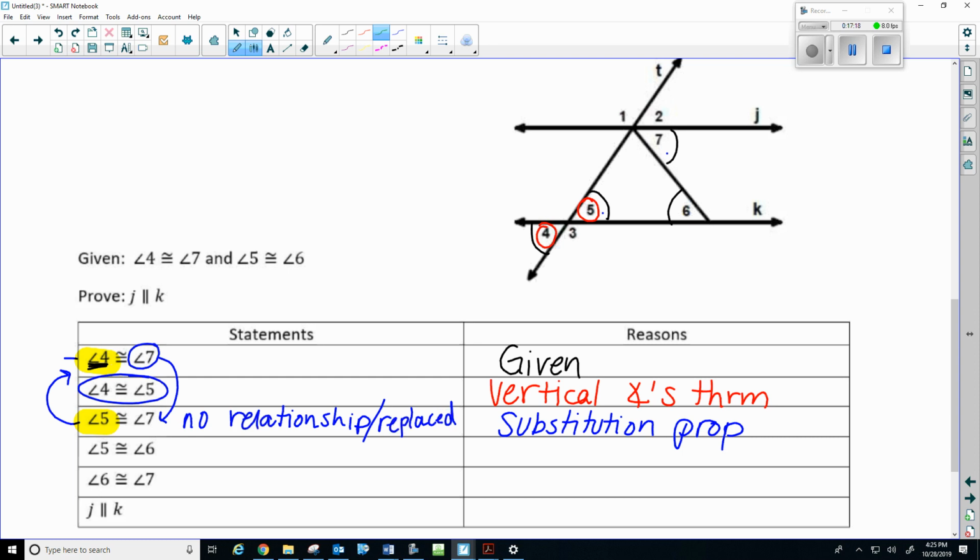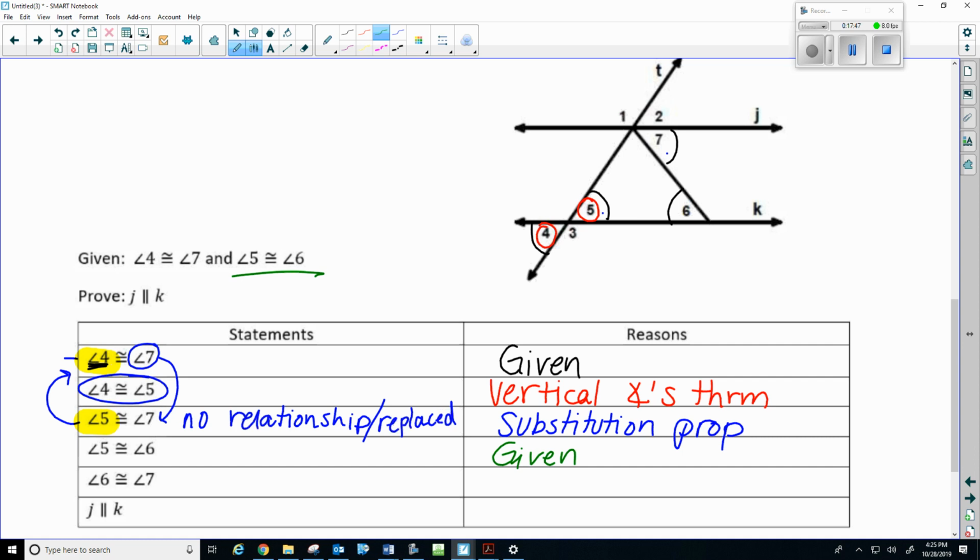The next step down, we're looking at angle 5 is congruent to angle 6, right there. Angle 5 is congruent to angle 6, so this is another one of our givens. Then we look at angle 6 is congruent to angle 7. So we look at angle 6, and we look at angle 7, and we can look at this a couple different ways.